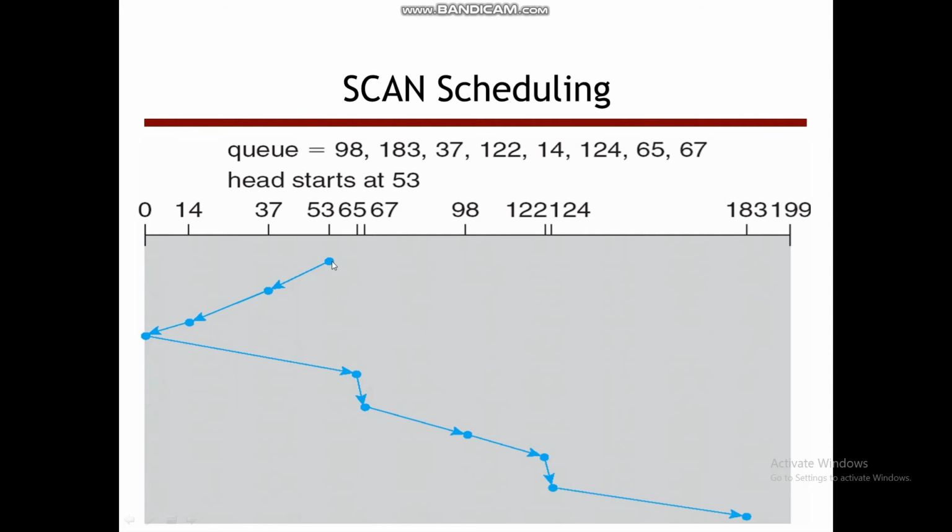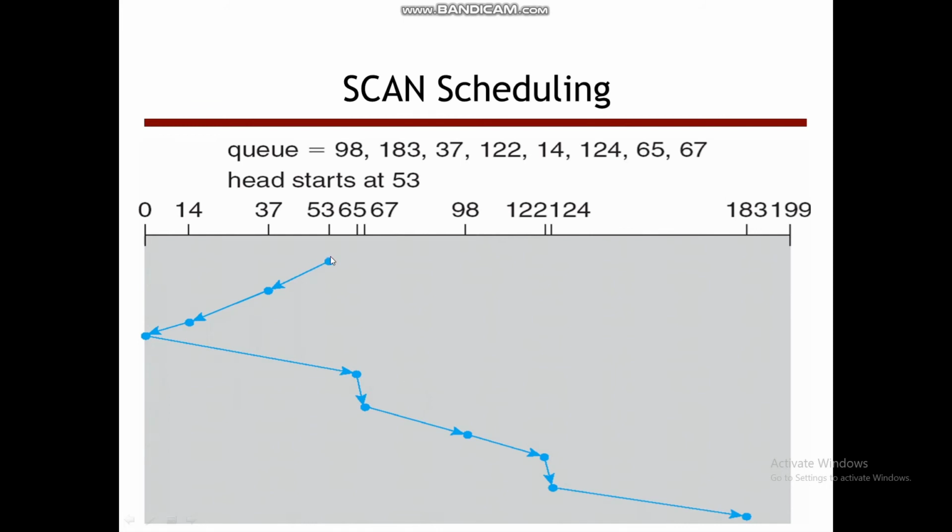Initially it starts from 53 and moves towards one end of the disk. Here we need to reach only up to 14, but in this type of algorithm it moves all the way to 0, and then moves towards the other end, processing all the requests in between.